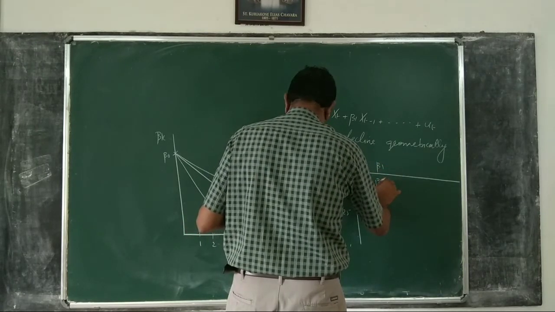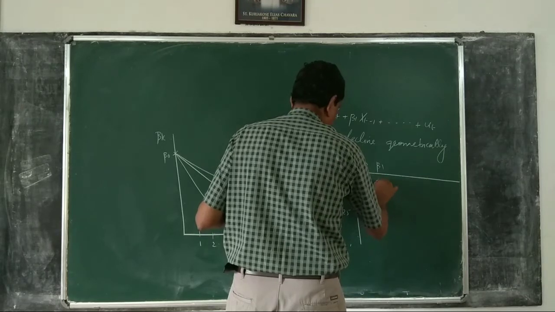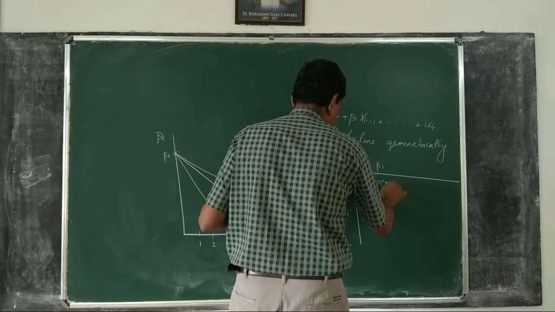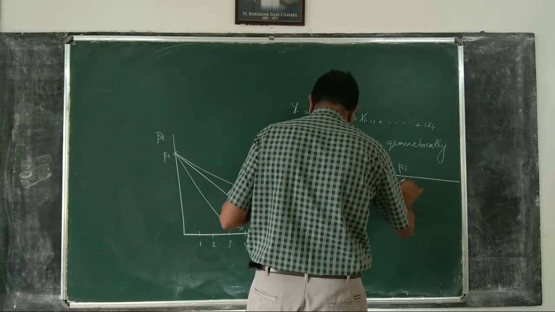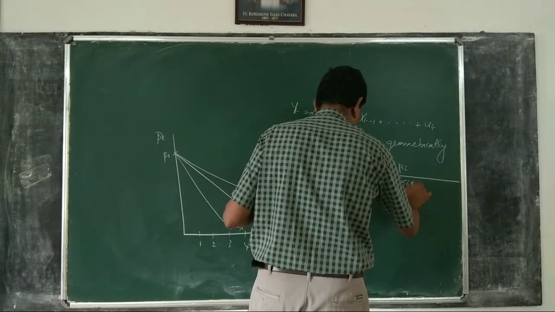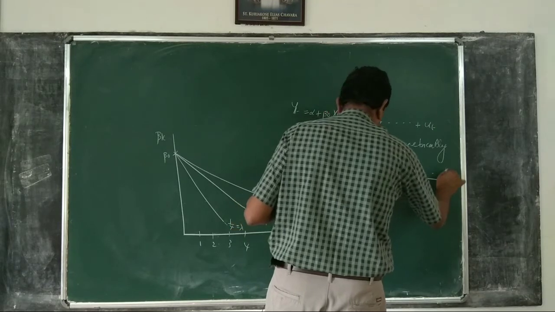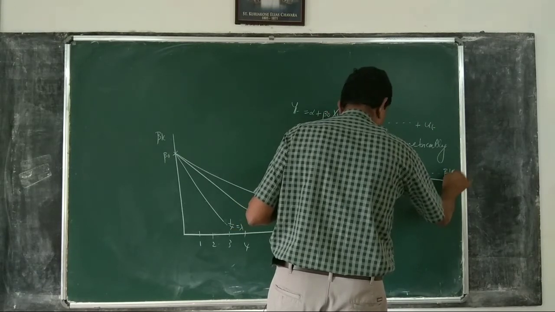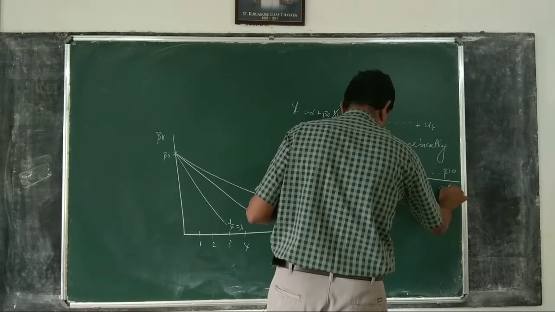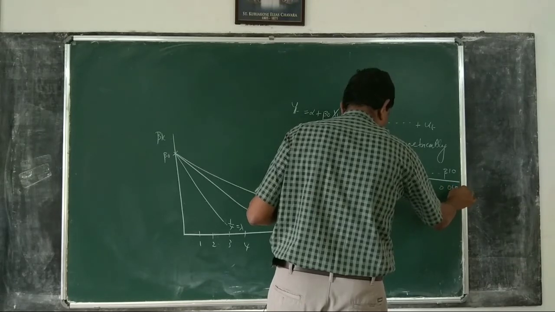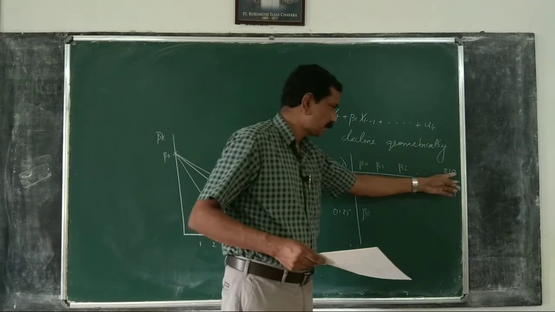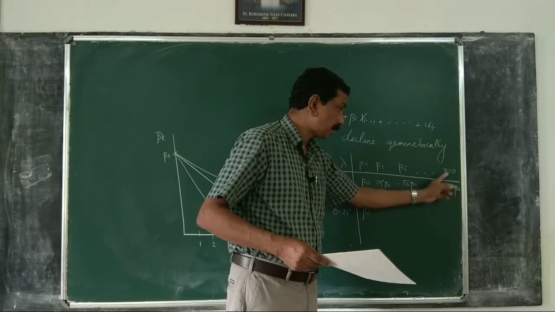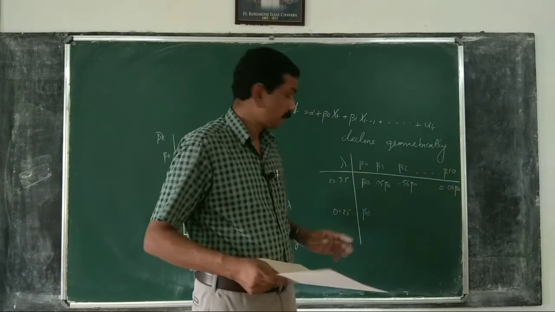That is 0.75 of beta 0. Beta 2 is 0.56 of beta 0, and beta 10 is 0.06 beta 0. That is, even after 10 periods, beta 10 is not equal to 0 because lambda is very high.